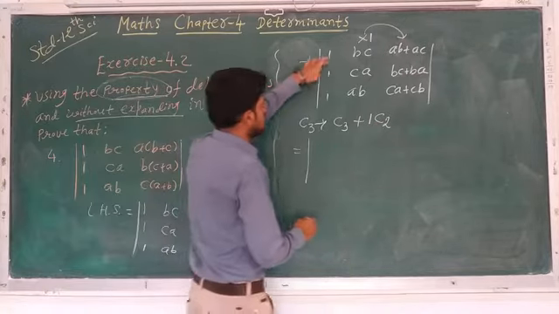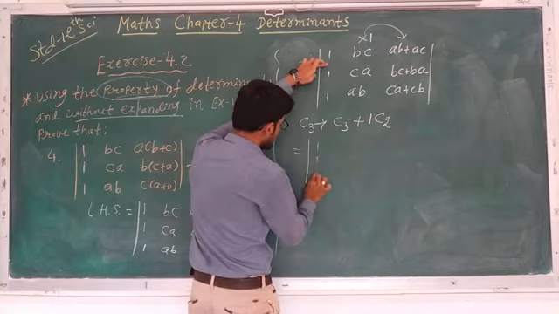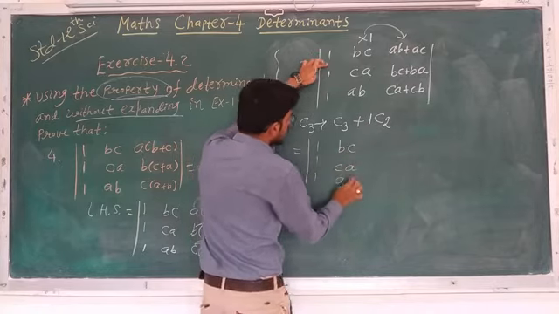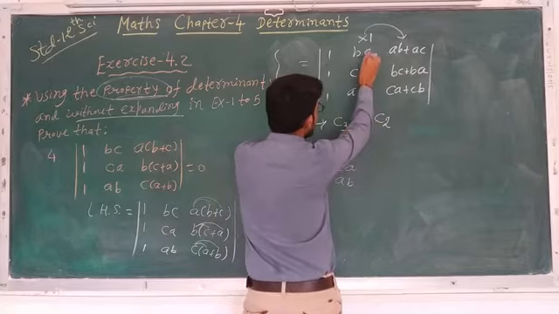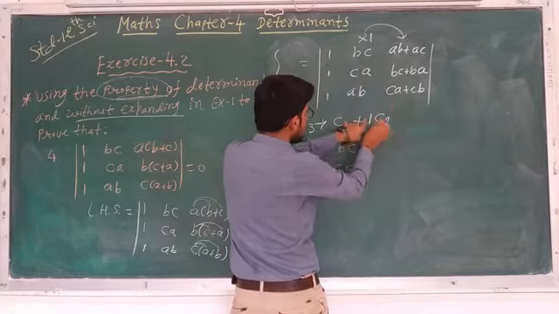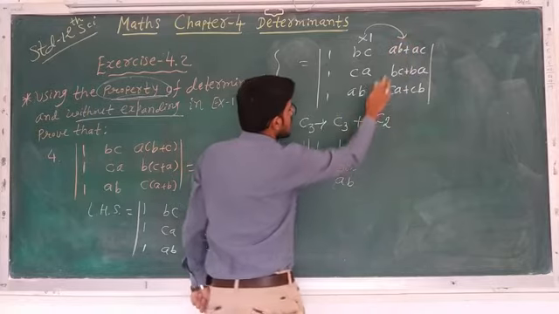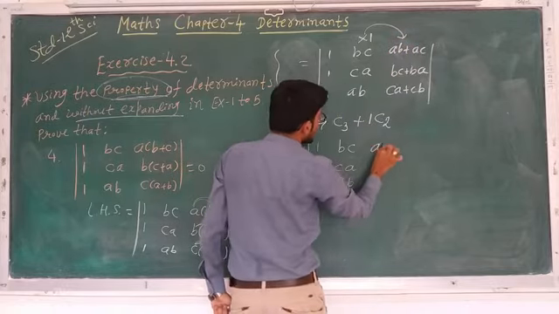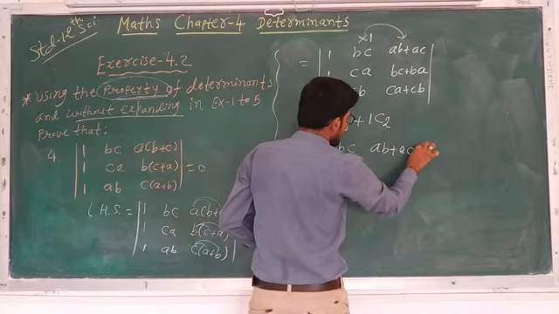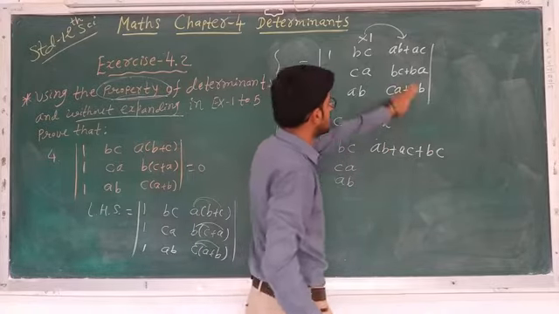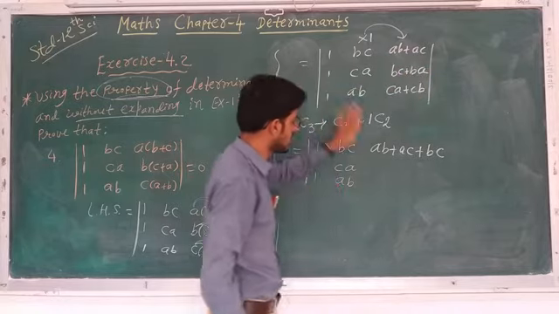First and second column as it is, 1, 1, 1 and BC, CA, AB. Next we multiply the second column by 1 and add to the third column. So AB plus AC plus BC, because we add in the third column. So only changes in the third column.